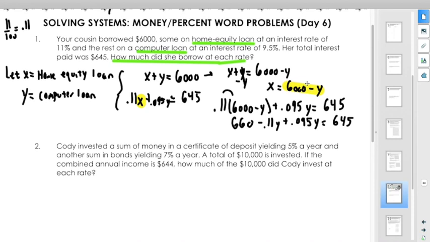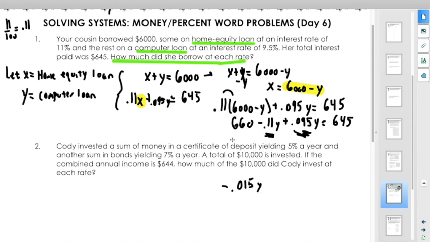Okay, I'm going to move down a bit on my page. Well, I can combine this piece and this piece. What am I going to get? I should get negative 0.015y. Okay, so I just added my y's together.